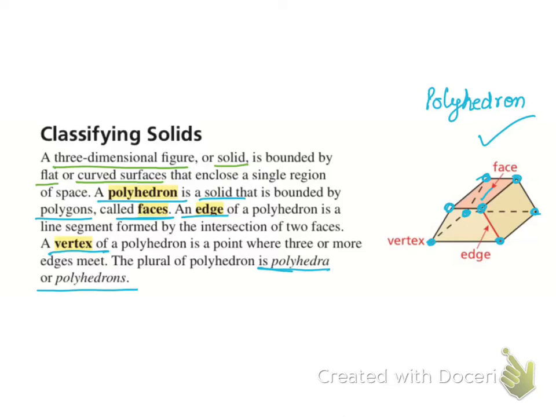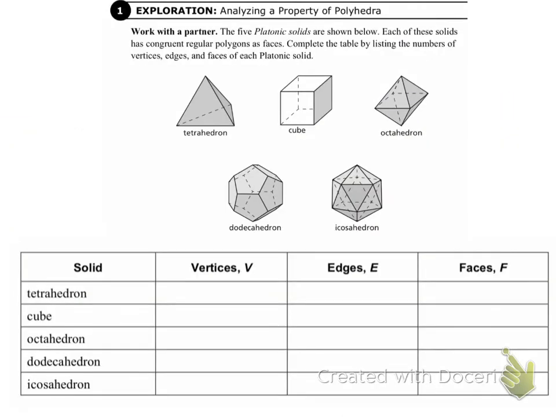So let's move to this specific kind of solid. We are going to analyze a few things. So basically these are the five platonic solids. These are tetrahedron, cube, octahedron, dodecahedron, and icosahedron.